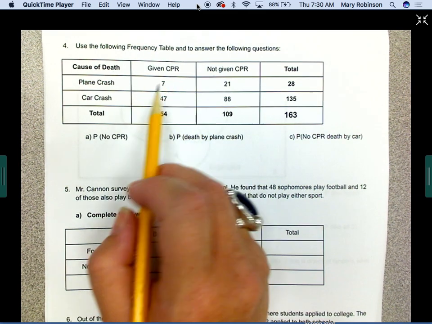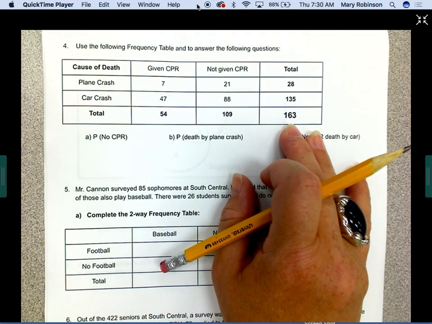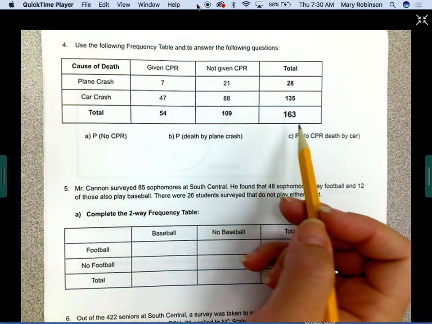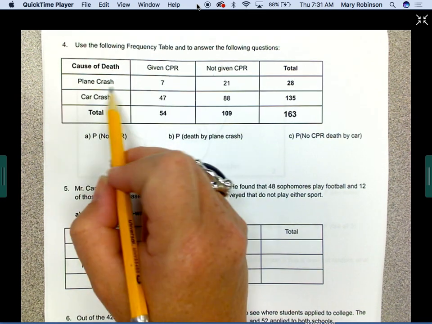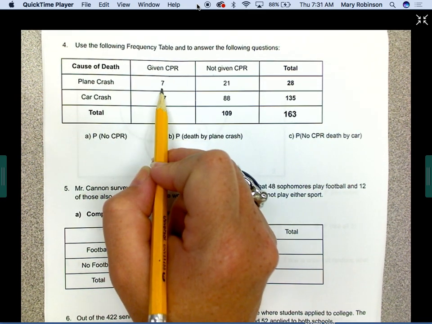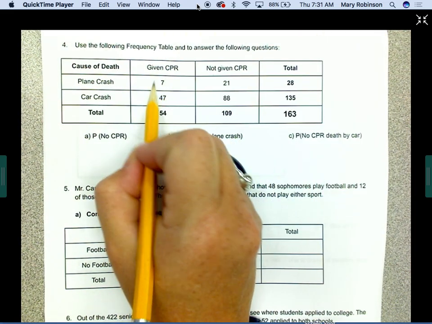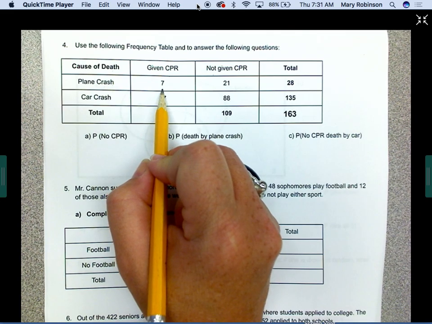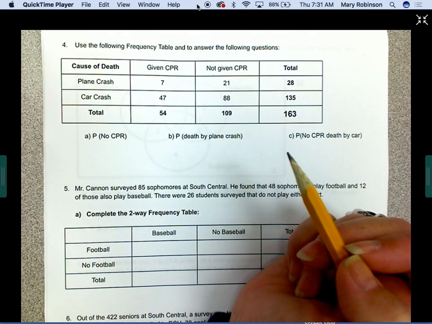So, how we would interpret this is we know that there are 163 total deaths represented in this frequency table. At the intersection of a header on the side and above would mean the frequency of somebody dying by a plane crash while they were also given CPR. So that's what the 7 represents.